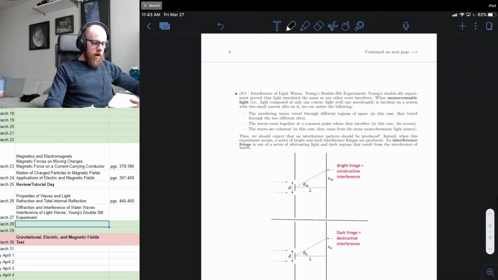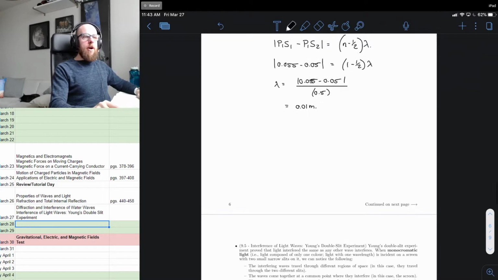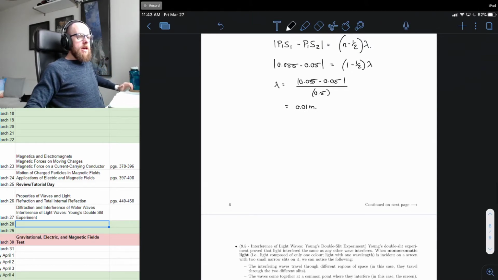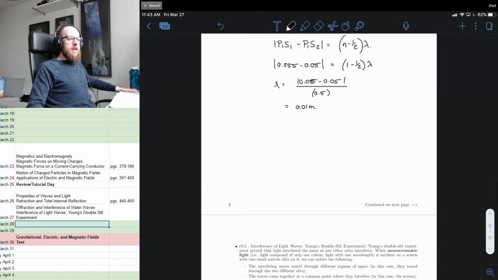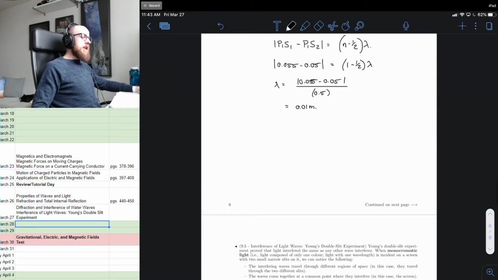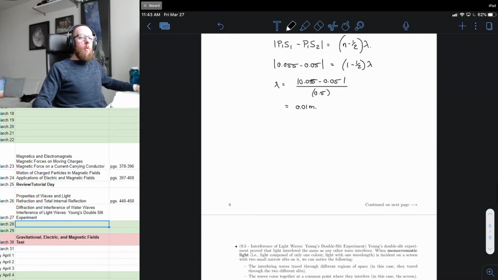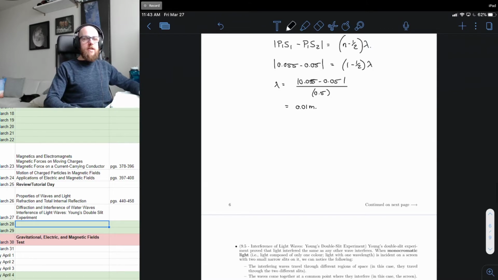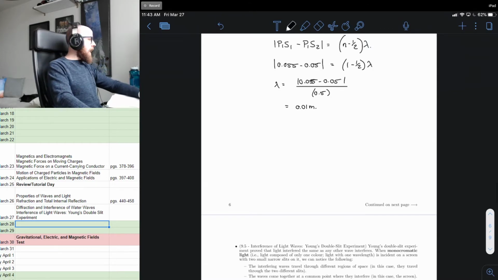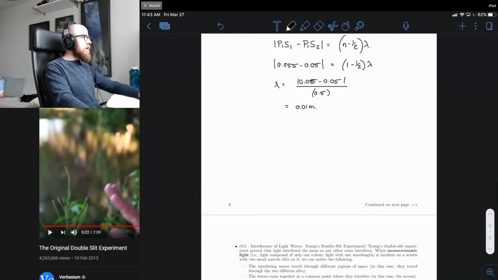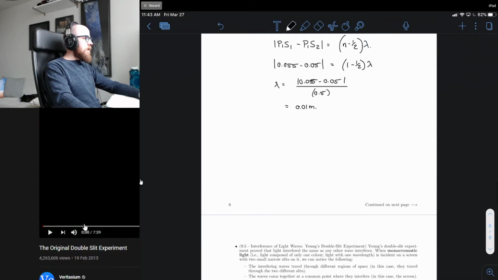Alrighty, so on to Young's double-slit experiment. I would say this is a pretty interesting experiment, and it really highlights why light is treated as a wave. Now I'm actually going to go back to that video that I was showing a second ago.